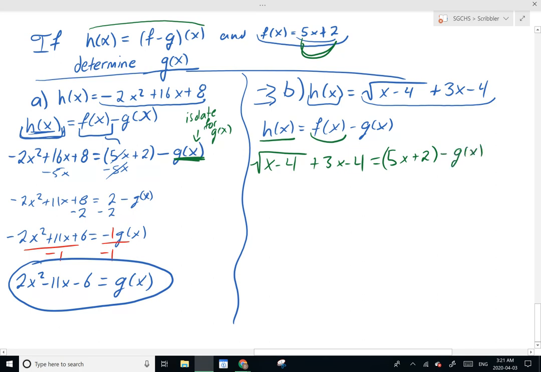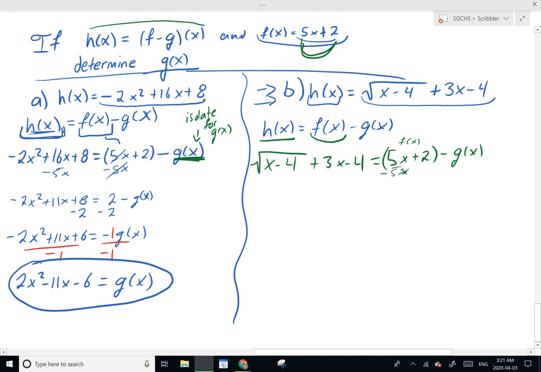And from that point, you're simply solving for g of x again. So you could technically get rid of these brackets now. I just do it so I note that, okay, this is my f of x. Everything's adding and subtracting, nothing's really multiplying each other together or multiplying inside the brackets, so you can leave it without brackets. So I'm going to minus 5x.